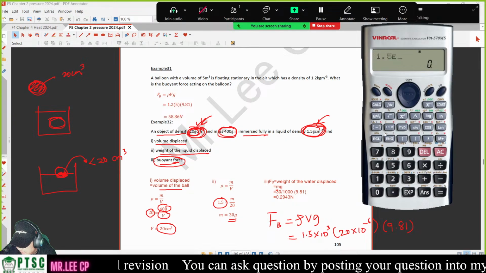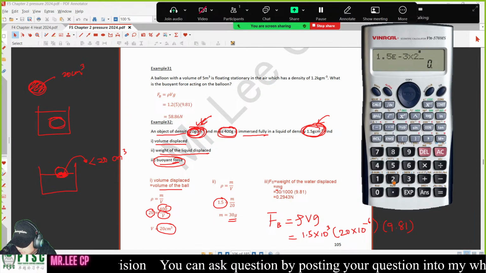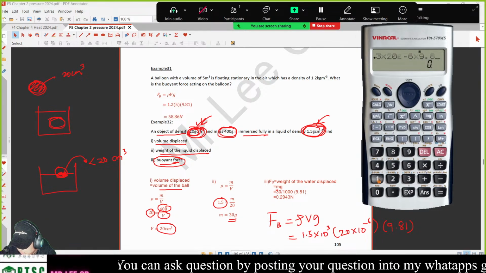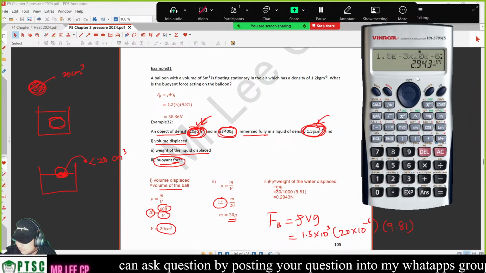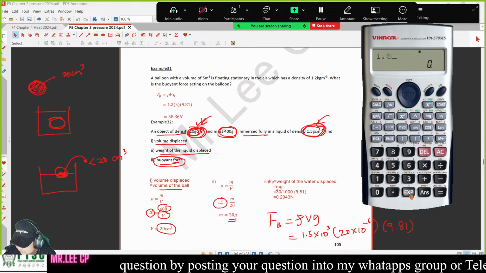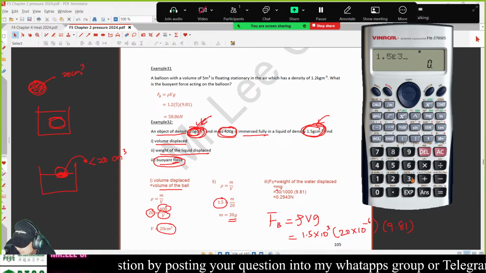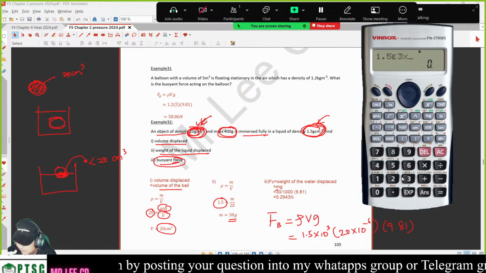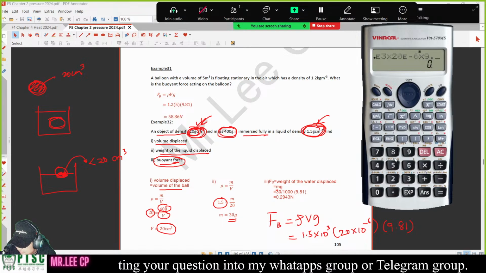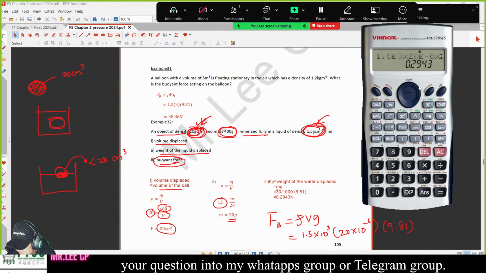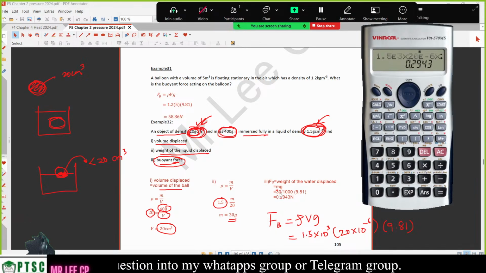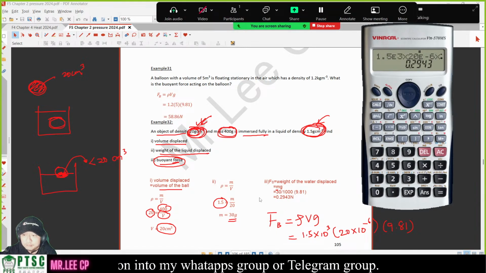So it is 1.5 exponent 3, not negative 3, I'm sorry, times 20 exponent negative 6 times 9.81. So you get 2.943. You can use this, no problem. Right?